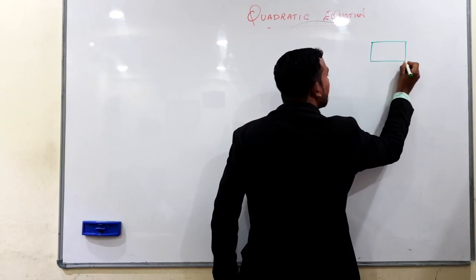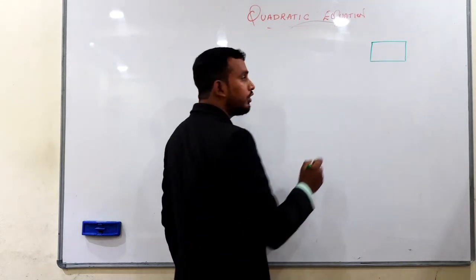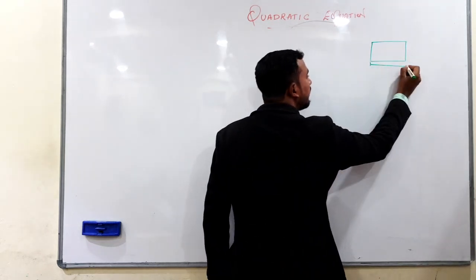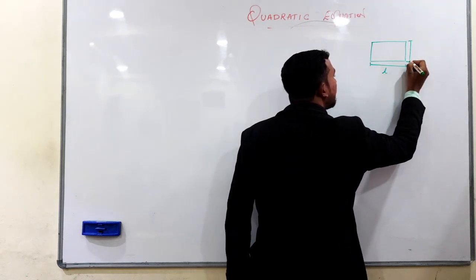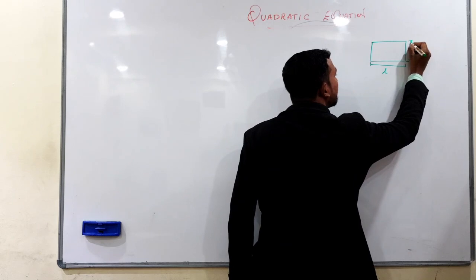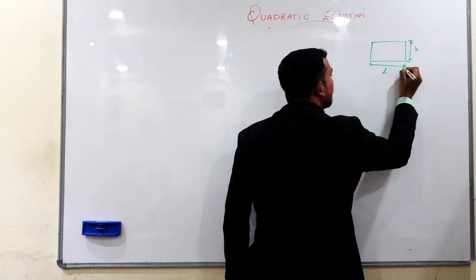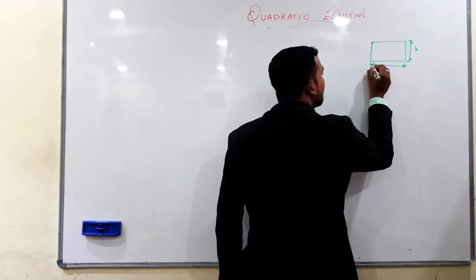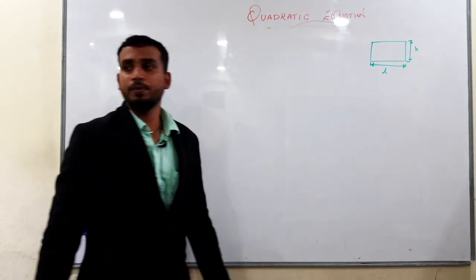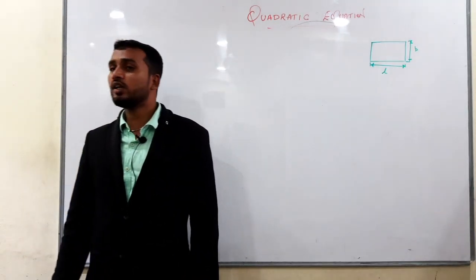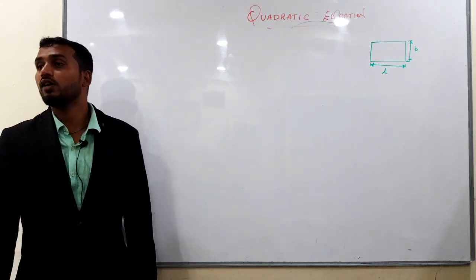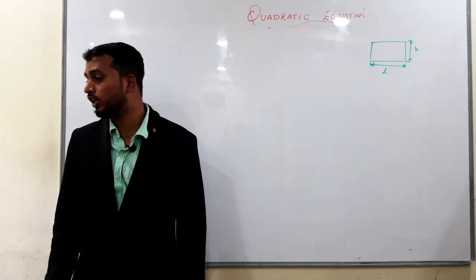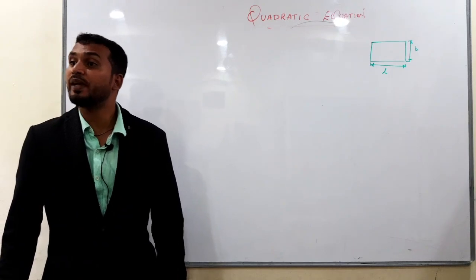Here we can call this dimension the length and this dimension the breadth. So this is our length and this is the breadth of a rectangular playground. Here the data is the length of a rectangular playground is 2 meters longer than its breadth.